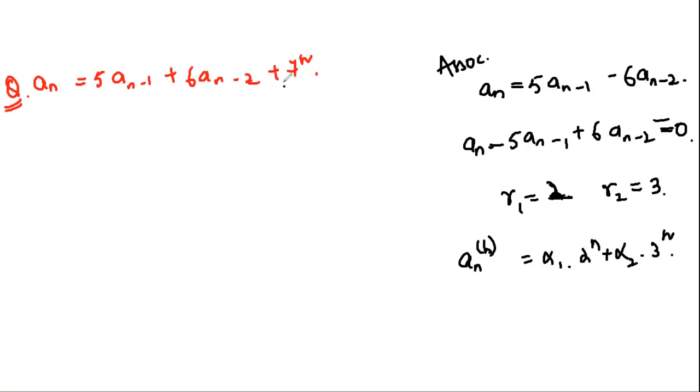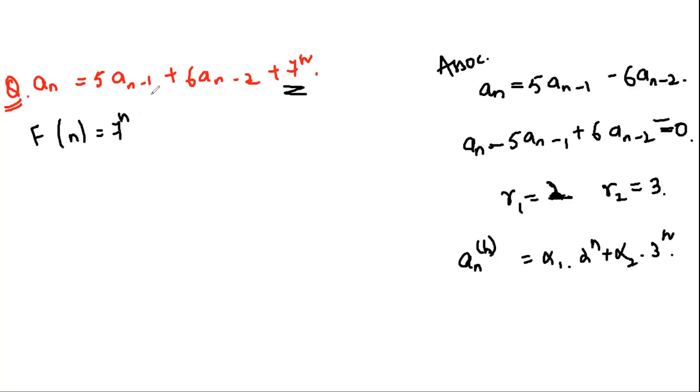Now we have f of n given as 7 power n. Let me just write f of n. F of n is given as 7 power n and we need a trial solution. So we need to find the solution.